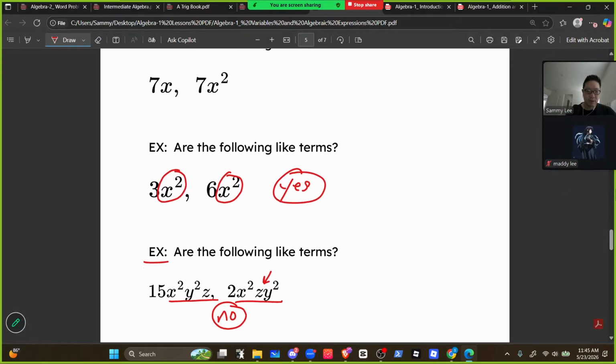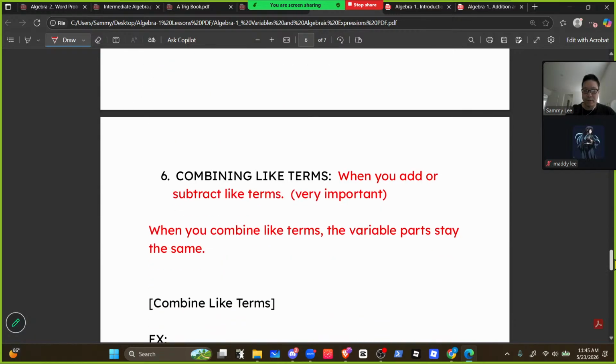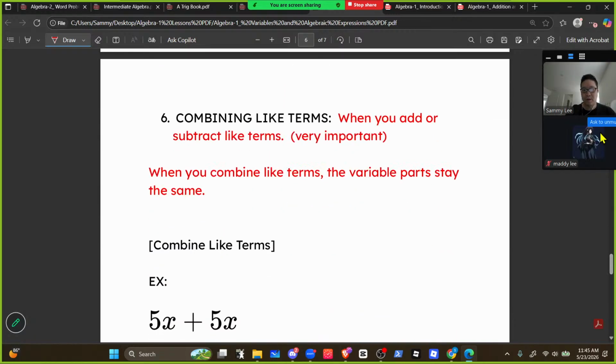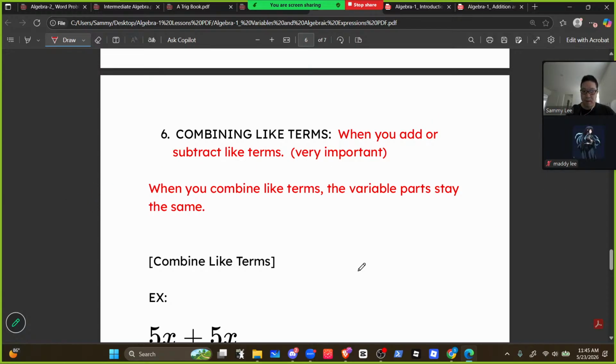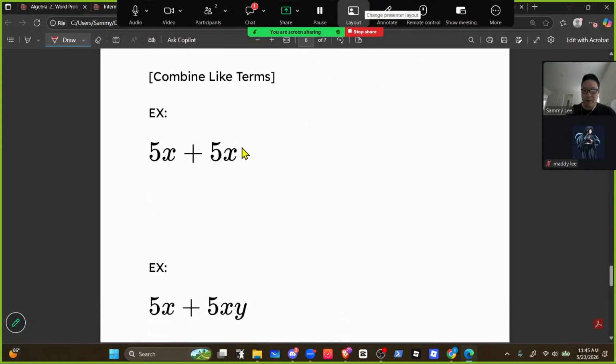Combining like terms. So this, again, is very useful for algebra 1 and 2. It's when you add or subtract like terms, okay? So we're given this example, 5x plus 5x. Well, when we combine them, we're going to get 10x. Okay.